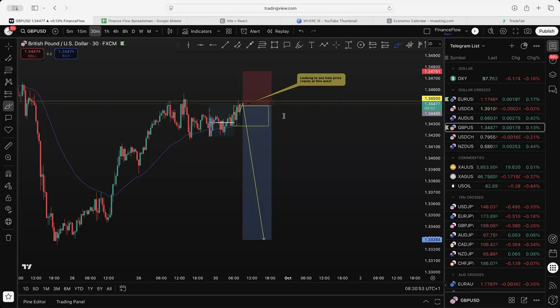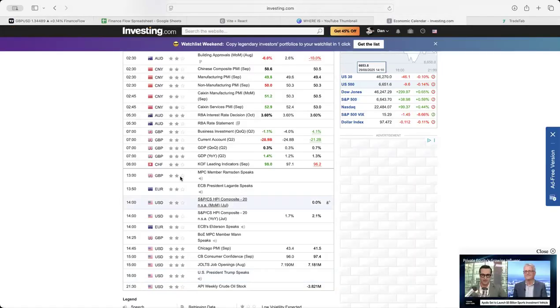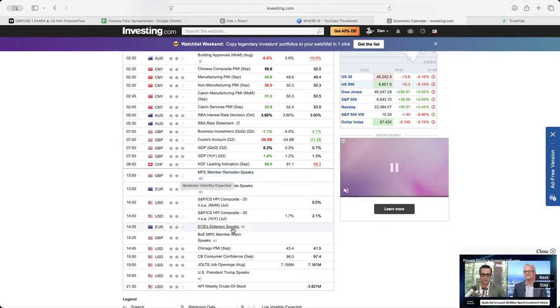Just checking in on the charts and the various Fed speakers you mentioned yesterday. Let's wait and see. I don't think there's anything that's going to be blasted out, apart from Chicago PMI and consumer confidence.